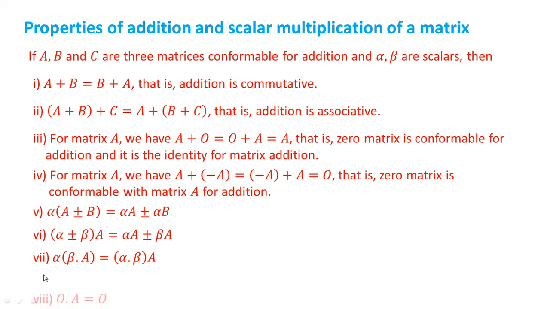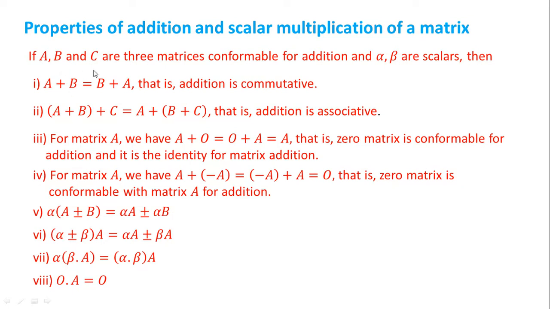Okay. And the last one, suppose the null matrix is multiplied with A, where A is any matrix and O is the null matrix or zero matrix. If you multiply the zero matrix with the matrix A, then you will get the null matrix. So in case of multiplication you can use this property.